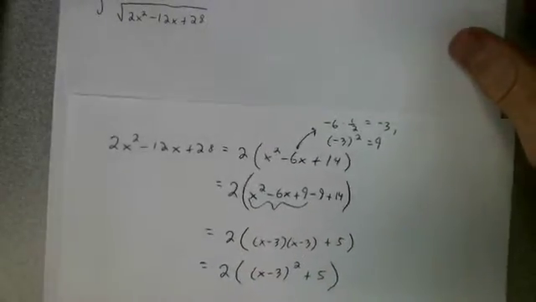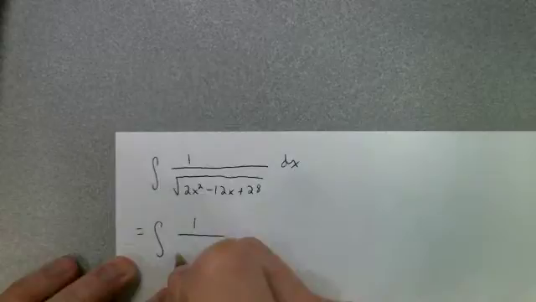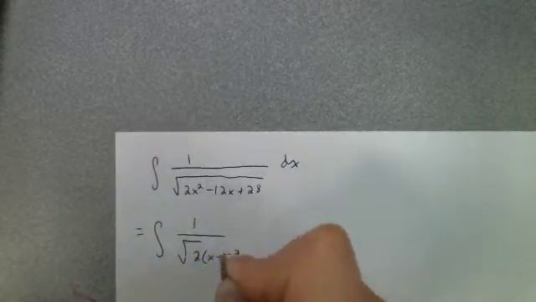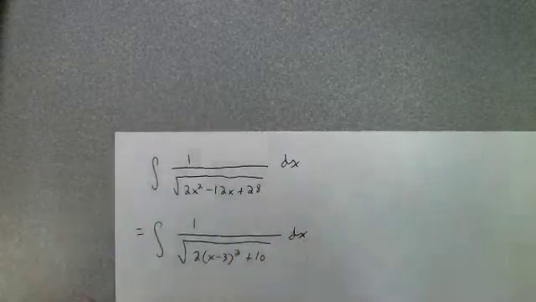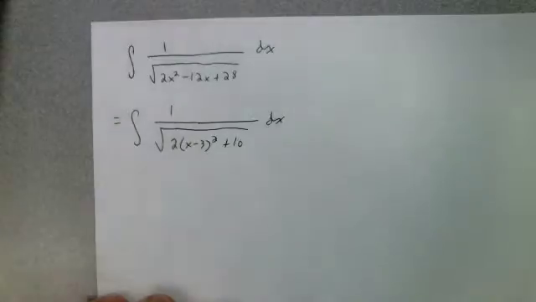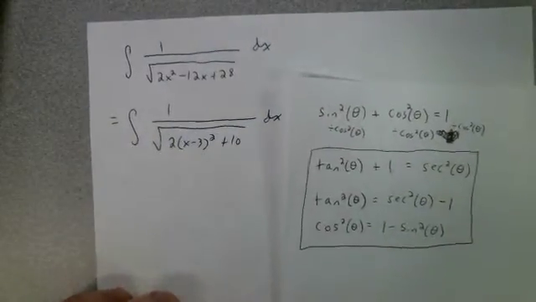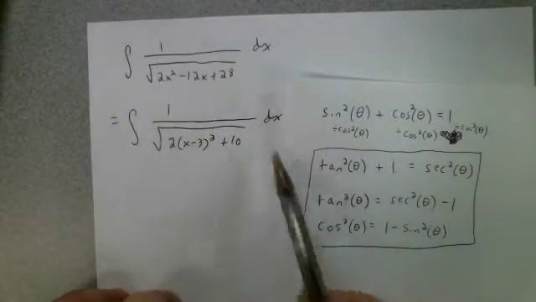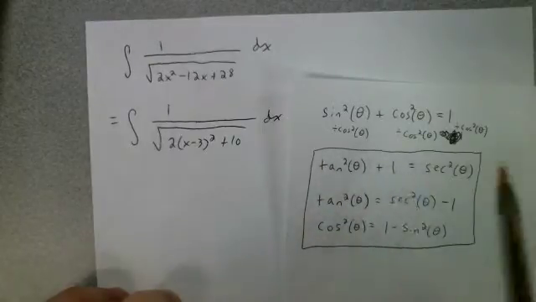Anyway, going back to our original problem, I can replace all that stuff with 2 times x minus 3 squared plus 10. I look at my trig identities and ask, what does this most look like? Well, I have some stuff squared plus a number. It's starting to look like something squared plus 1.